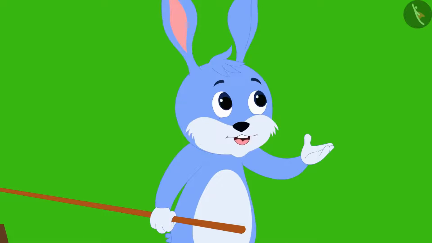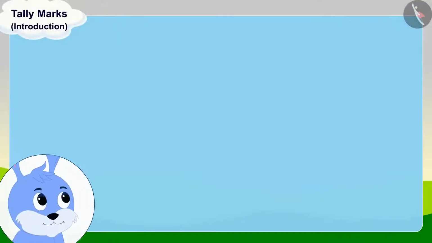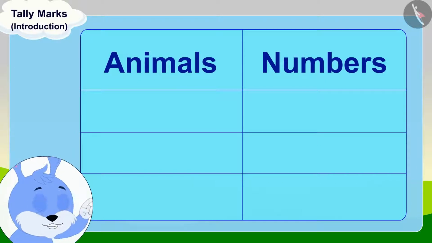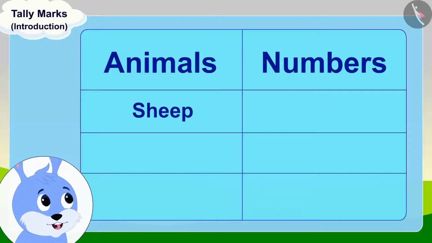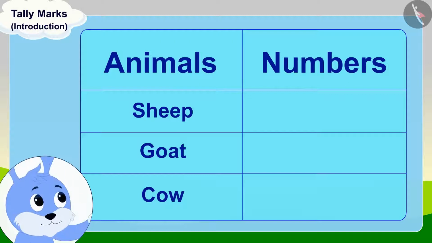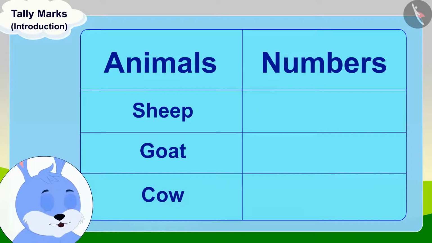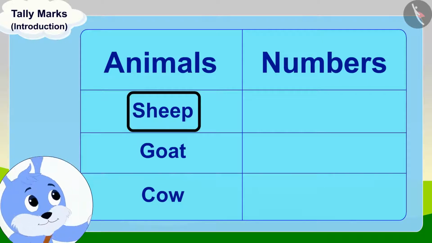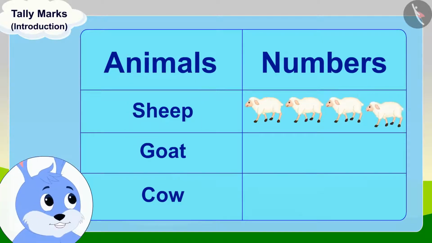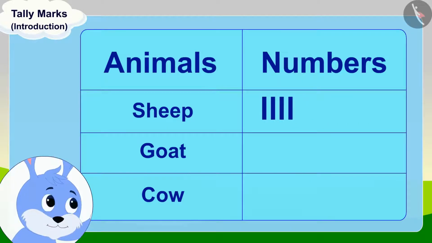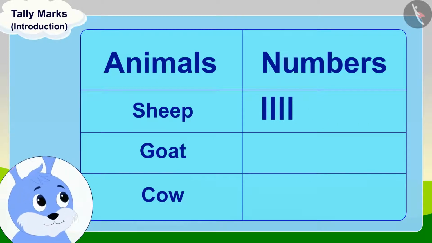"It is very easy. First, you make a table like this and write the names of all the things you have to count in it. Now, suppose you want to count your sheep first. Then, you first draw 4 lines like this for 4 sheep.